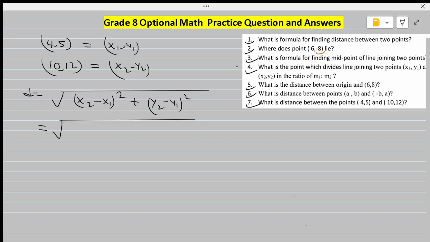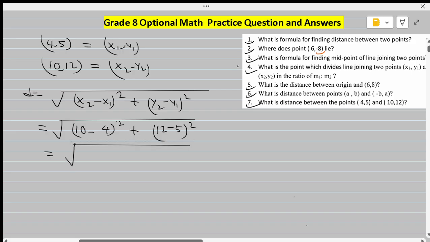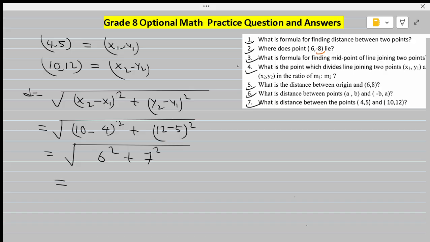And now we'll be keeping the values. Second x is 10, first x is 4, so (10 minus 4) whole square. Second y is 12, first y is 5, whole square. So 10 minus 4 is 6, 6 square is 36, 12 minus 5 is 7, 7 square is 49, square root over 36 plus 49, 85.